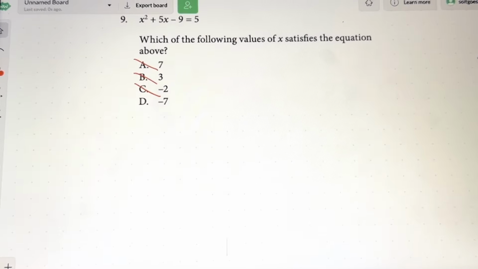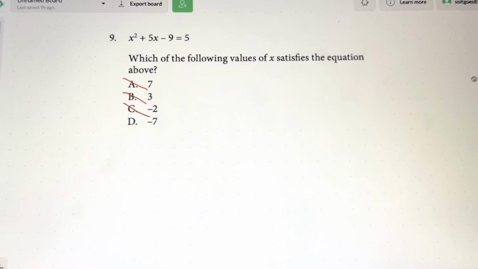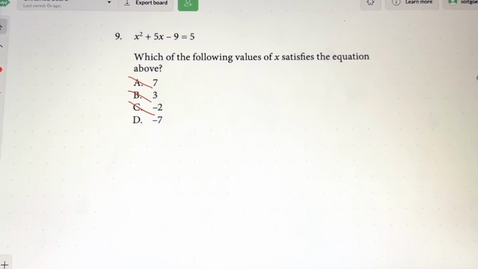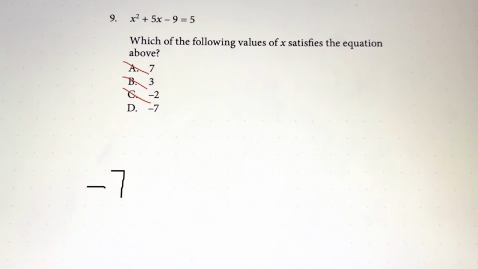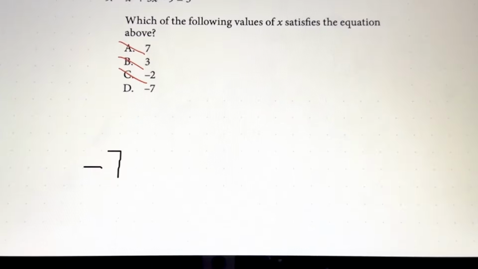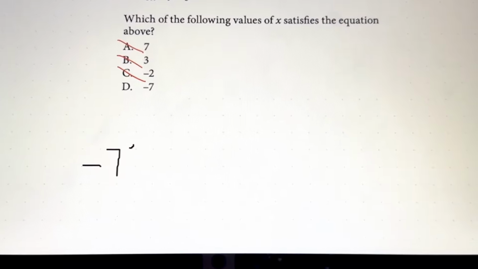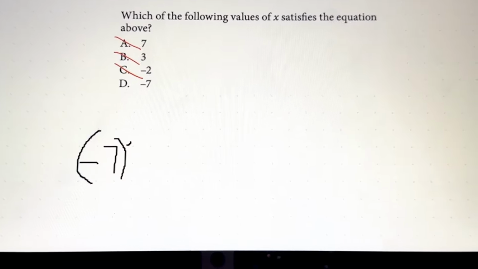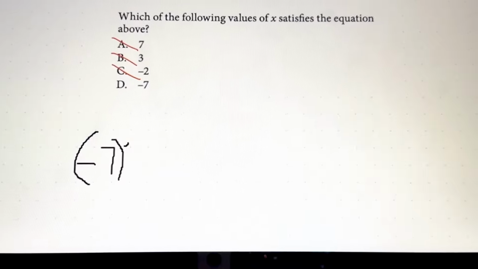Boy. Let's plug in that negative 7 for X and see what happens. Make sure that negative 7 is in parentheses. You can really never have too many parentheses, I've found. Especially when you're plugging stuff in.